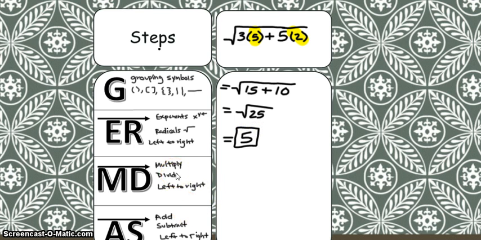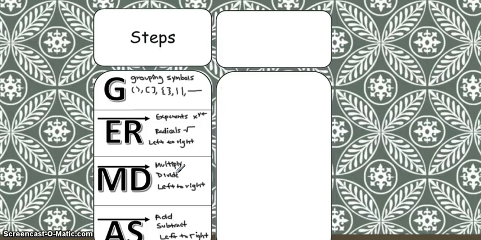Alright, we're going to go into that middle column. In that middle column, this one's kind of long, so watch out. 4 minus 3 to the third power plus the opposite of negative 6 times 4. Alright, so we do have a grouping symbol here.